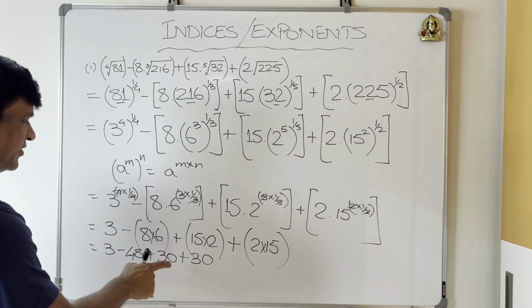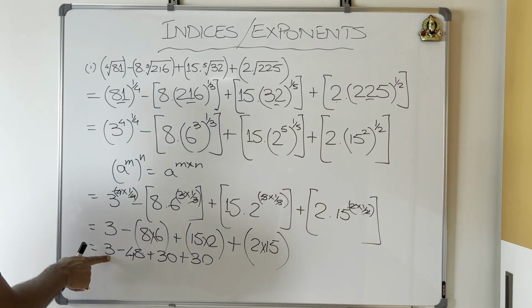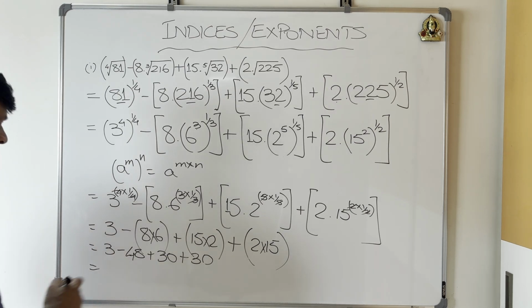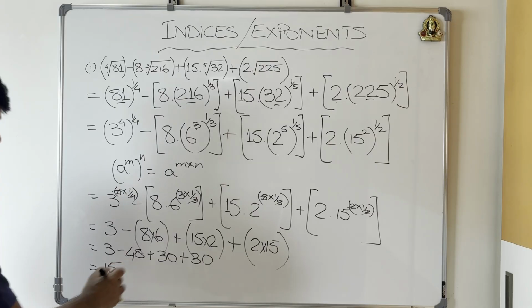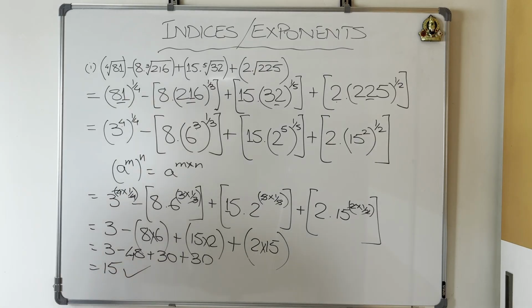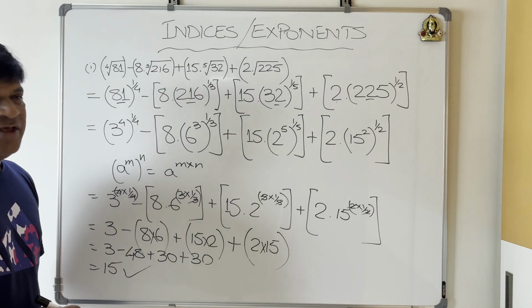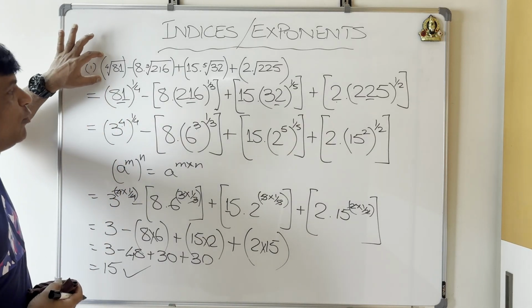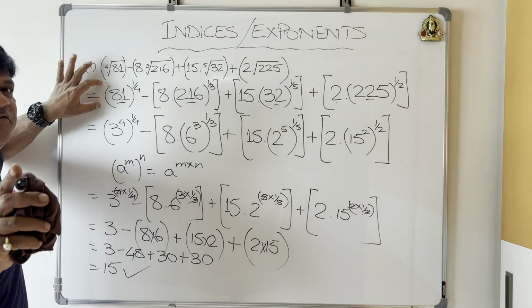What do you get? 30 plus 30 is 60, 60 plus 3 is 63, 63 minus 48 is how much? It should be 15. That's the answer. Make sense? Is it simple? So the moment you look at a particular problem, you need to remove the noise from the problem.